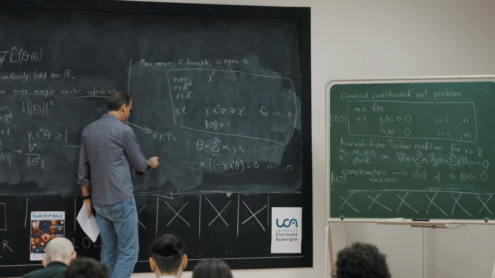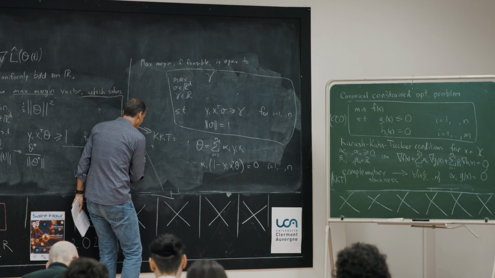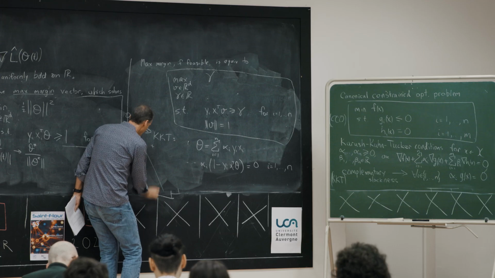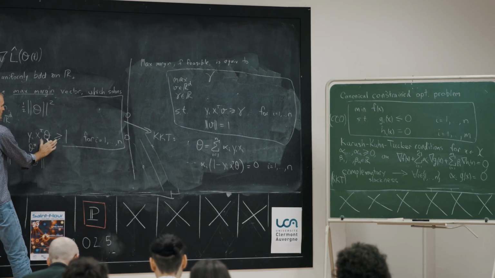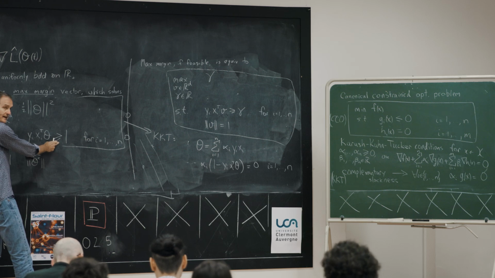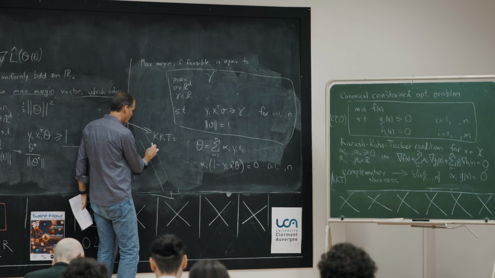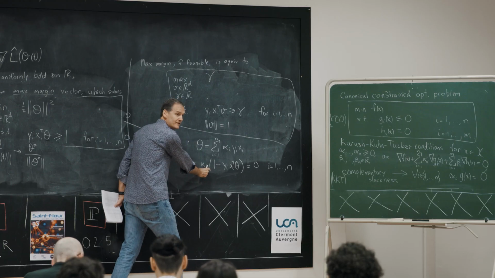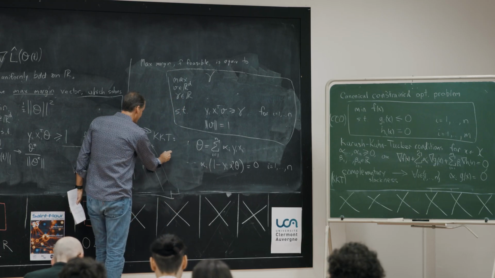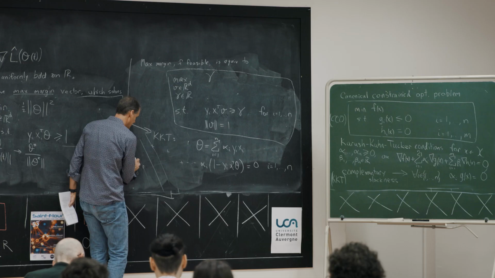So the points that are actually support vectors, the ones that satisfy this inequality as an equality, can have a positive value of alpha, but all the other points have a 0 value of alpha.